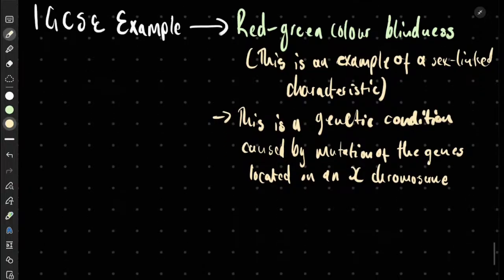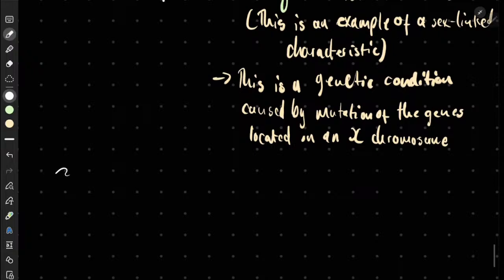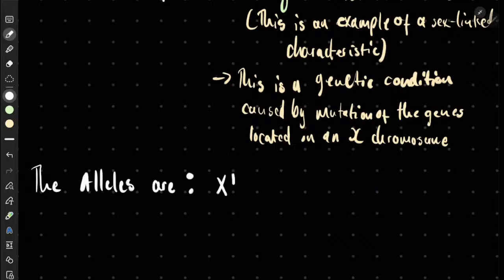All right, so the alleles for this condition are: you have XR, this is the normal allele, and it's the dominant one. Are we together?